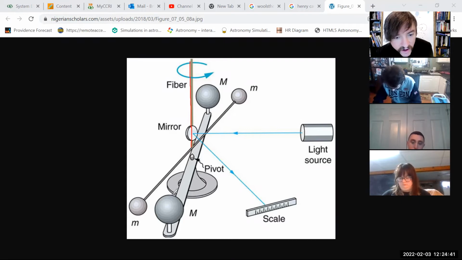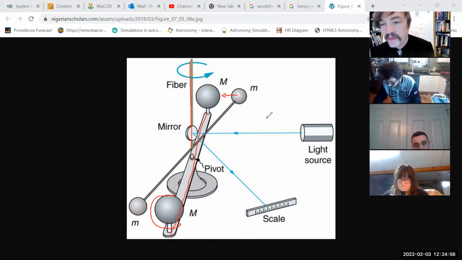Then he took these larger lead masses and he attached them to a bar which he could kind of slide and pivot around. Now, they were going to, in theory, have a tug of gravity on each other, but a tug that he knew would be so tiny that it would probably produce the smallest or most microscopic deflection.